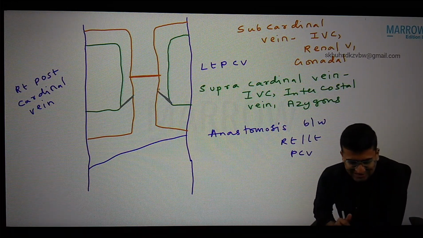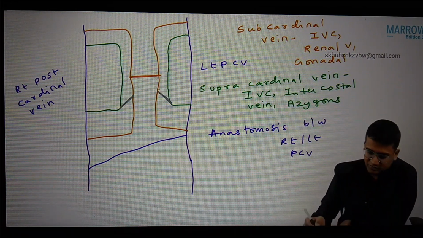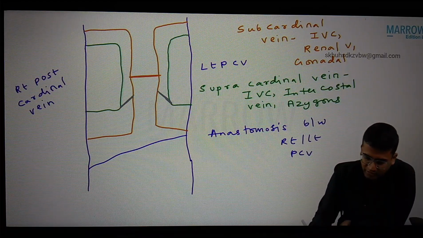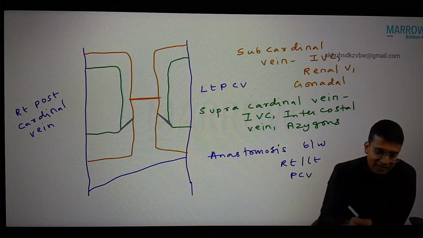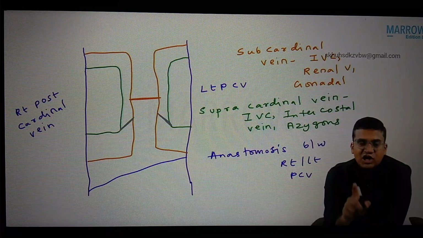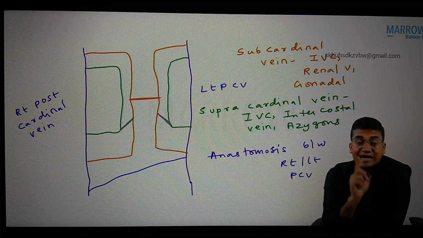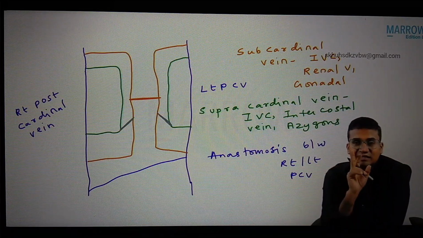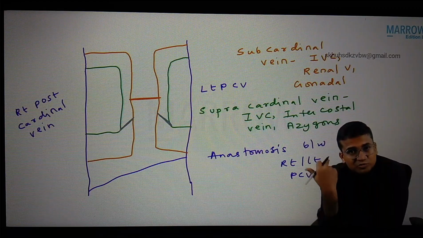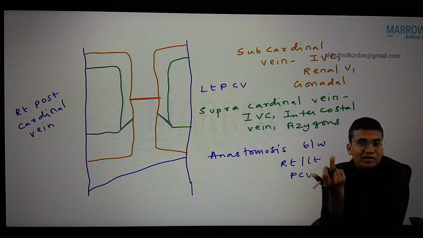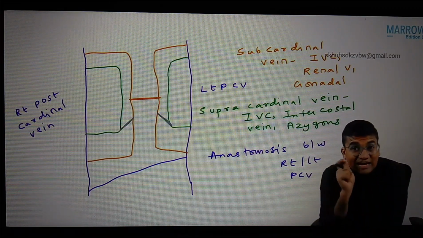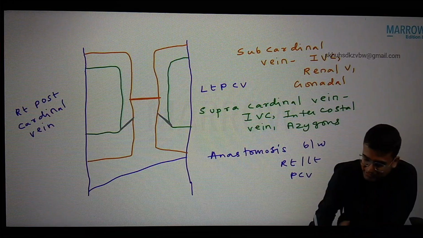So now IVC derived from, we're going to write one by one. So the cranial part of inferior vena cava is not coming from right common cardinal vein. The right common cardinal vein will form the superior vena cava. The cranial part of inferior vena cava is coming from right vitelline vein. I hope you remember that.